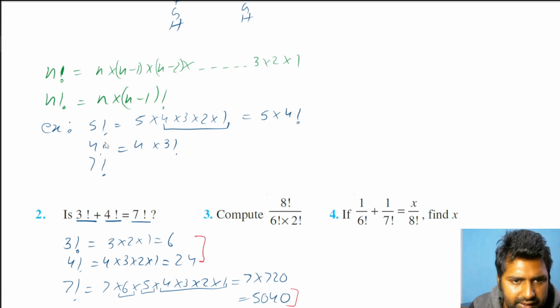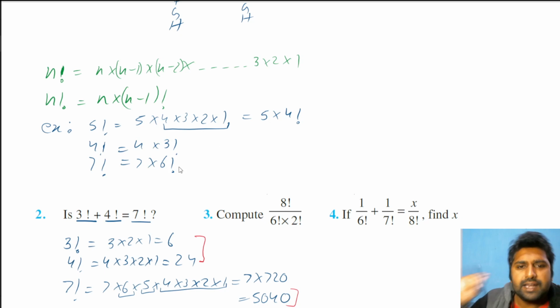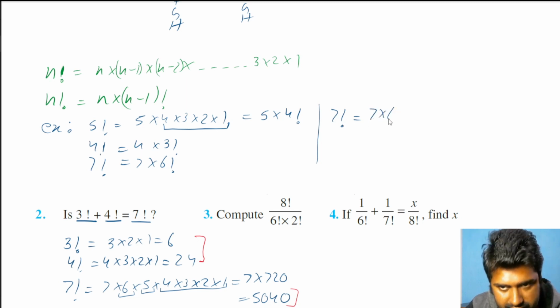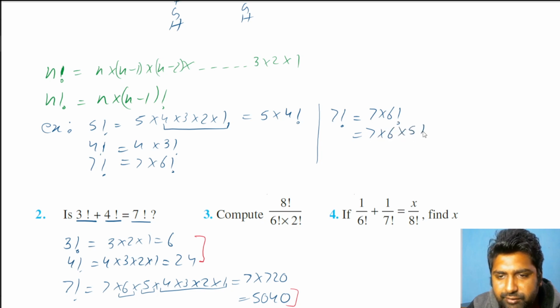7 factorial I can write as 7 into 6 factorial. This means any factorial can be broken down into a factorial of a smaller number by multiplying with the same number. One more thing, we can break it not only once, we can break it more than once. Suppose 7 factorial was there and I need to break it down in terms of 5 factorial. I'll write 7 into 6 factorial, then further break down 6 factorial as 6 into 5 factorial.